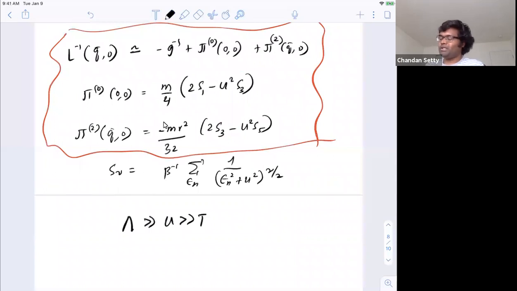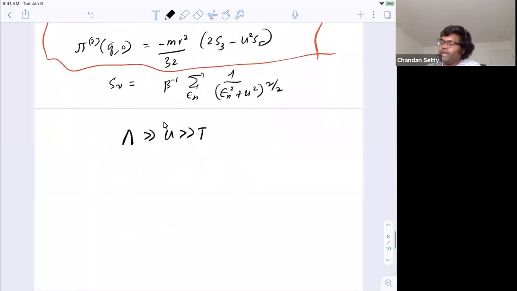Remember that lambda here is the cutoff for S1 because S1 is a divergent sum. What you'll get is the following expression for L inverse. Nu again here is the density of states at the Fermi level of the non-interacting system.